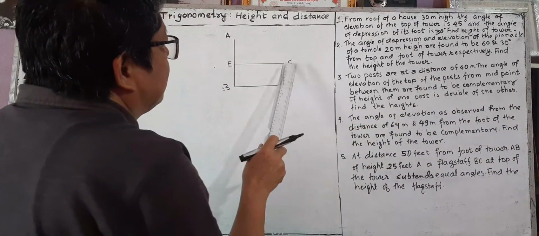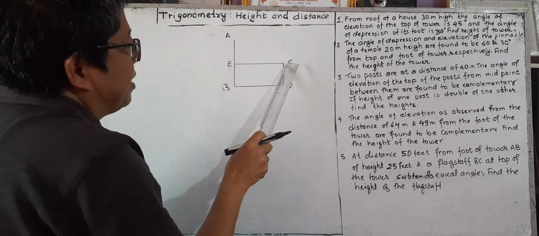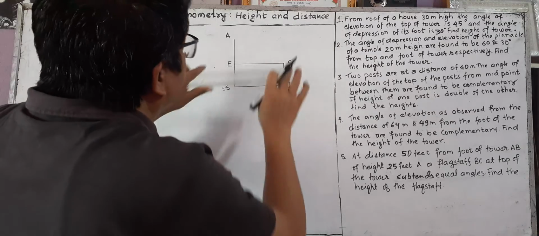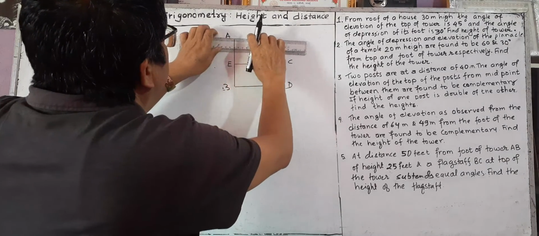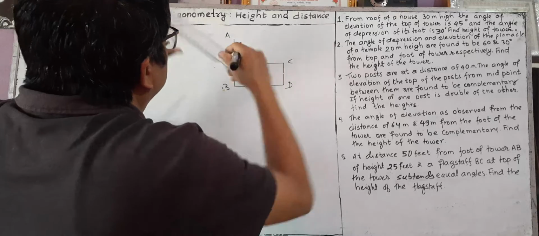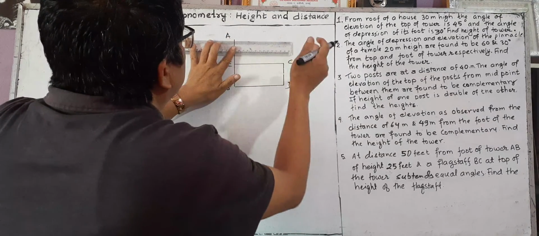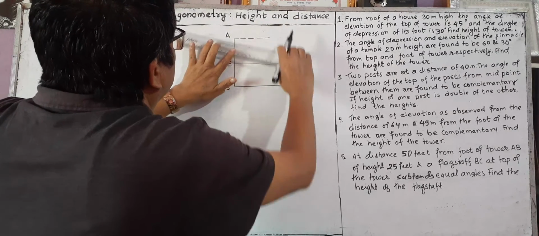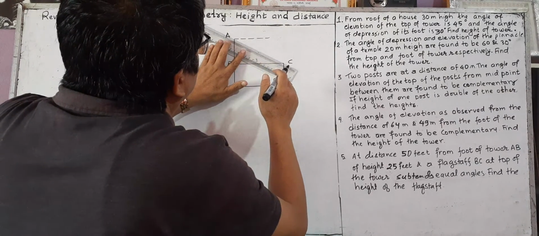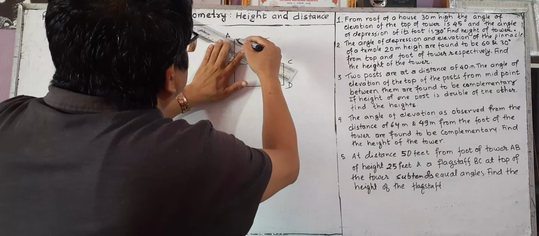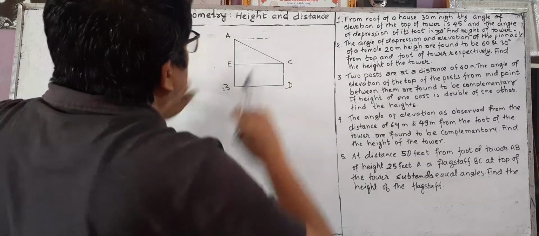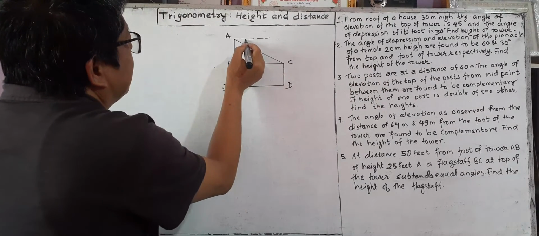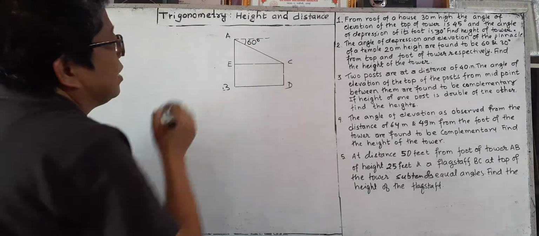From the top of the tower, the angle of depression to the top of the temple, that is the pinnacle of the temple, is 60 degrees. This is the angle of depression.